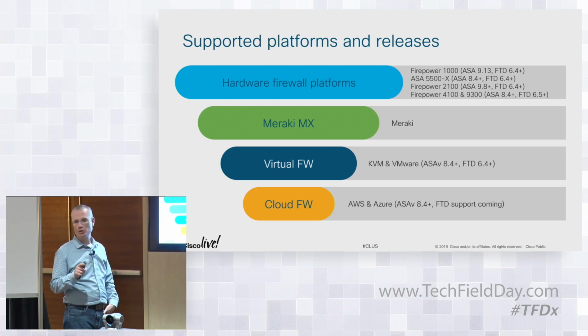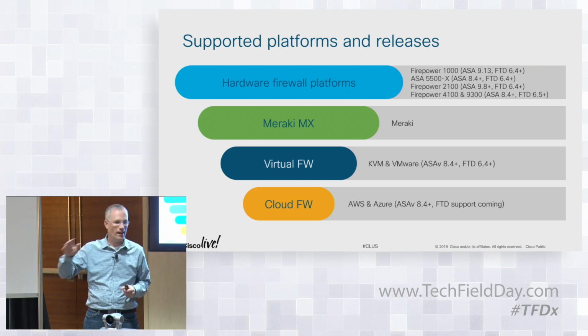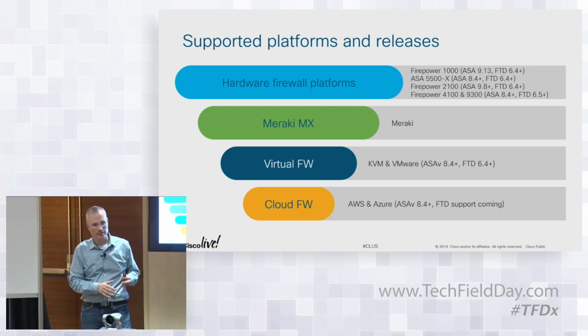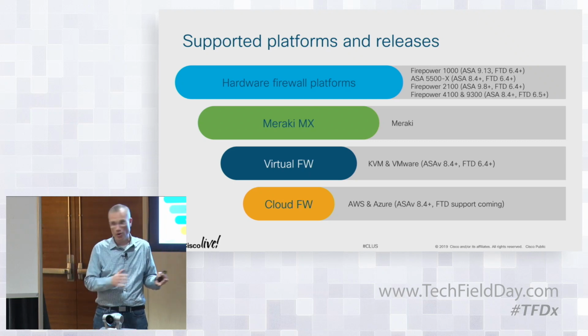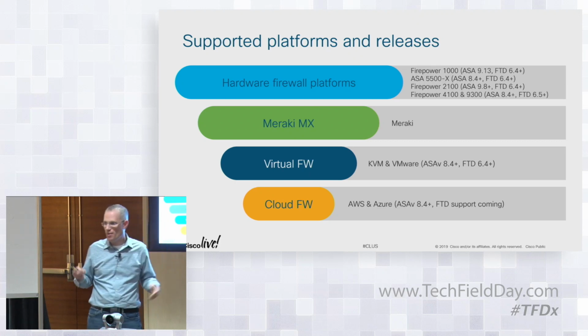With that, we're also supporting Meraki. This is another launch that we're doing here. This summer, we're adding Meraki. So if you have your branches on Meraki and in your data center you have your ASAs and so forth, or you're thinking about a hybrid environment, you just go into one place and deploy one policy.